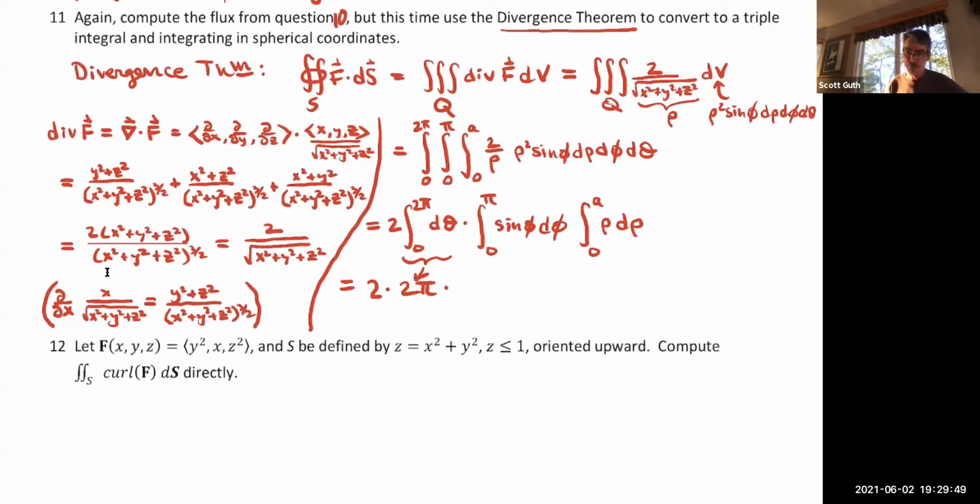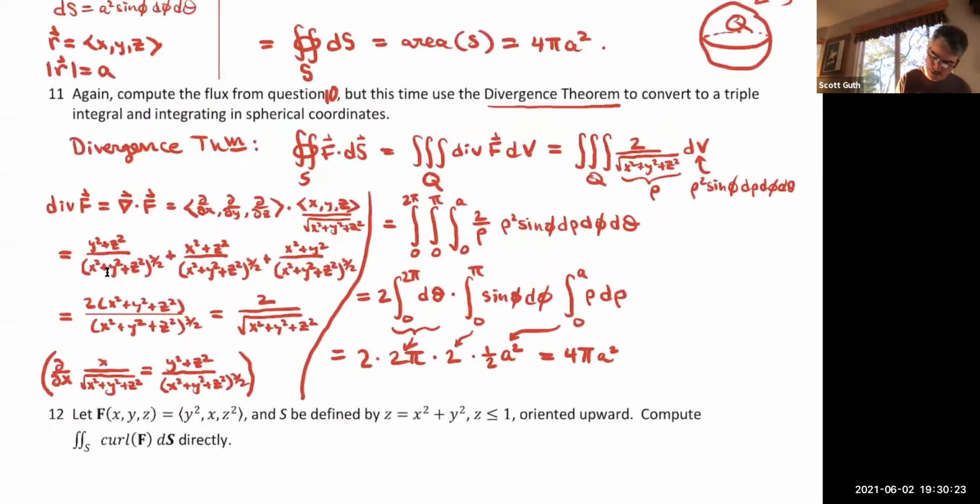So you end up with a -1 minus 1, and there's a minus in front of it, so this next integral ends up just being a 2. And then the last one ends up being 1/2 a squared, because the antiderivative of rho is 1/2 rho squared. So if you do that math, you'll get 4 pi a squared, which is the same as the answer we got last time.